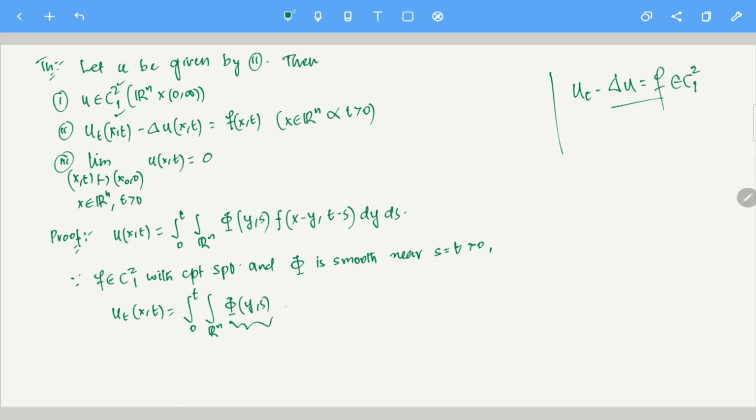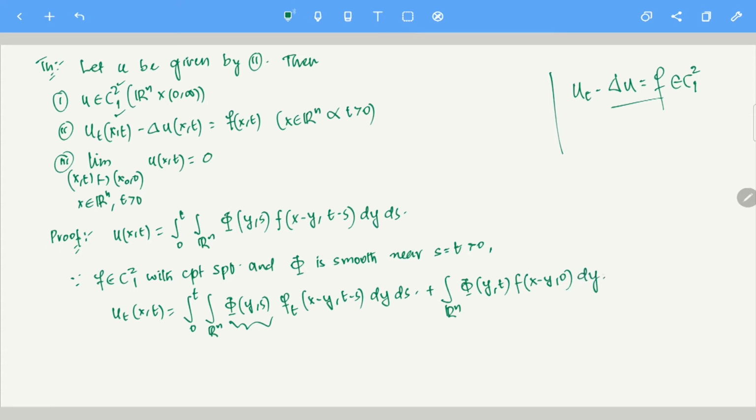So now this becomes f_t, the derivative of f with respect to t, times (x minus y, t minus s), dy ds. Plus, if you remember the boundary terms, the derivative with respect to the time variable, which is 1, times the integral over Rn of phi of (y, t) f of (x minus y, 0) dy.